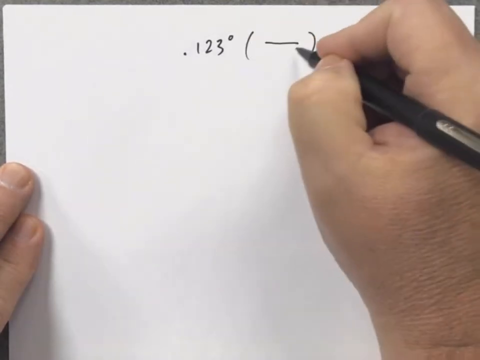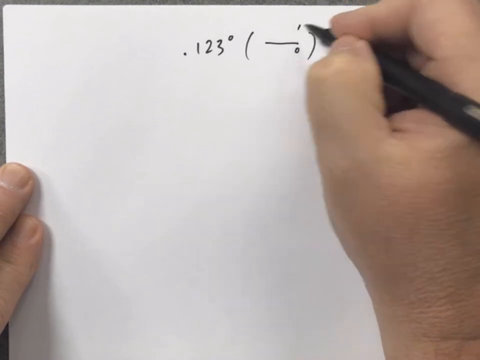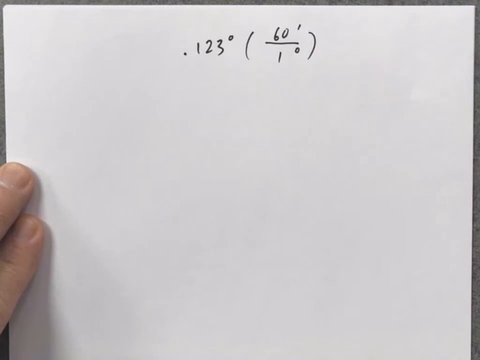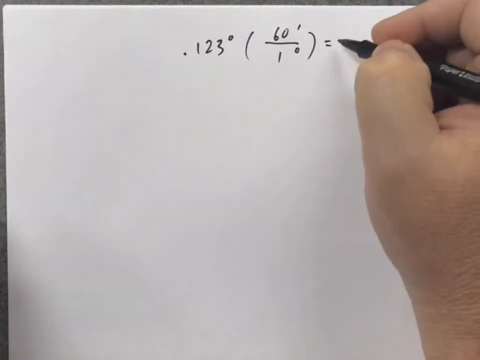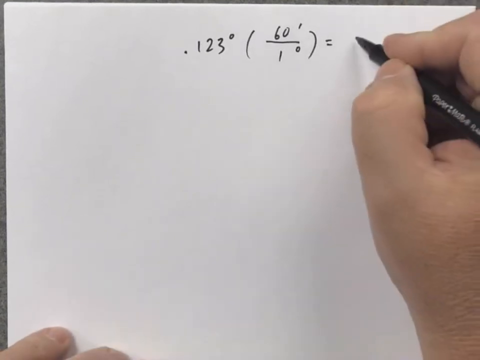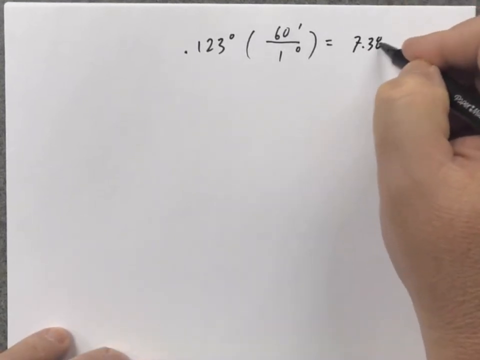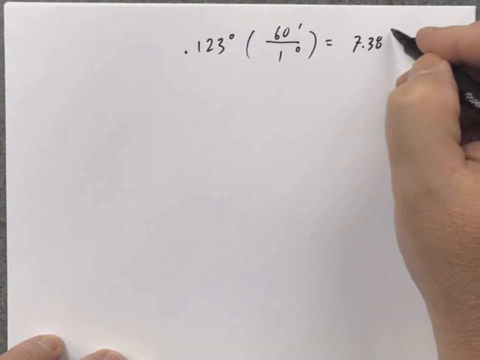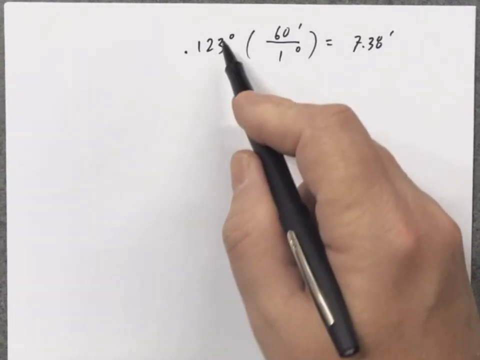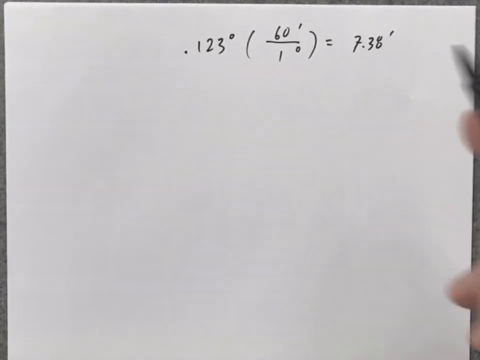So if I have degrees here, degrees in the bottom, minutes in the top, I say, what's the relationship between minutes and degrees? 60 minutes and 1 degree. So now I can multiply 0.123 times 60. 7.38 minutes. So 0.123 degrees is the same thing as 7.38 minutes.